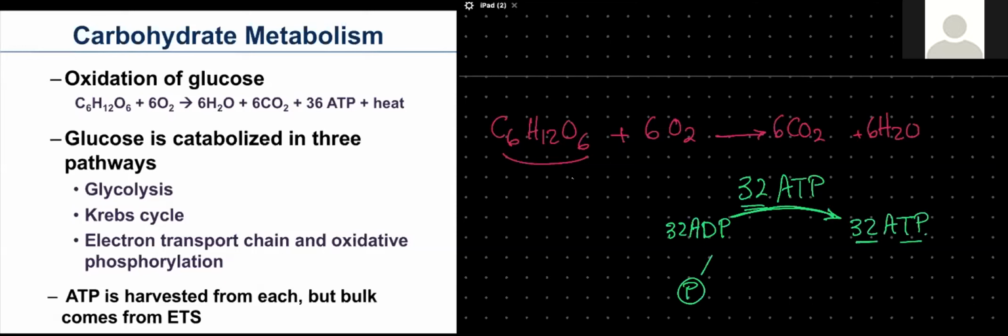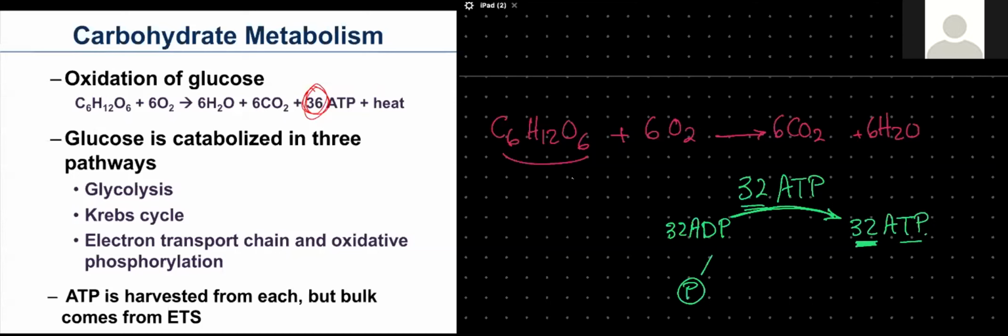How are you saying 32 and here on the slide it says 36? So we're going to see that not all the energy produced from the glucose oxidation is going to be transformed into ATP. Some of it will be transformed into heat. And that's why it's not going to be an accurate number.